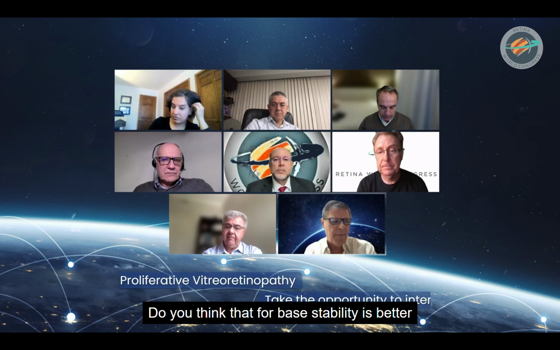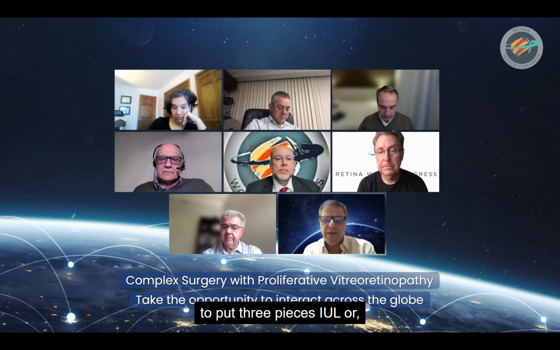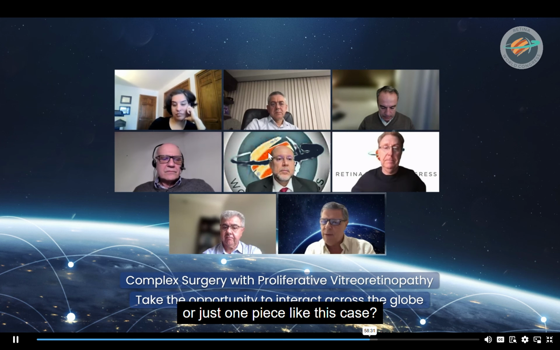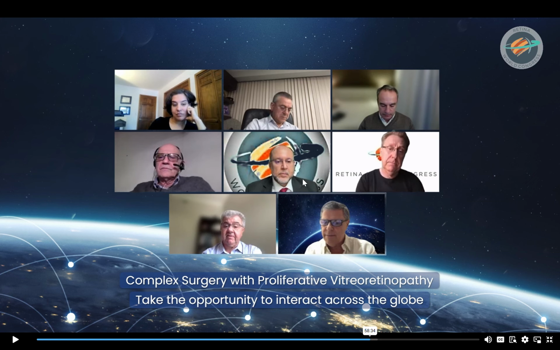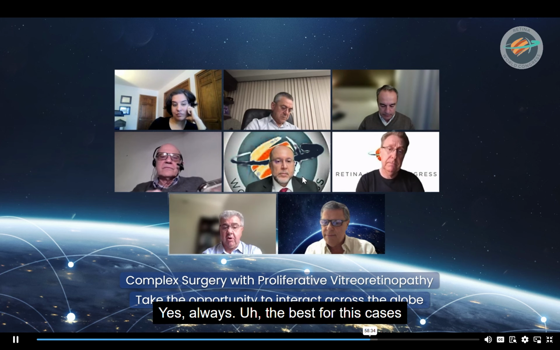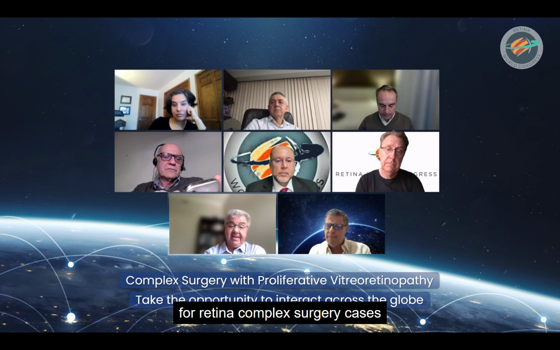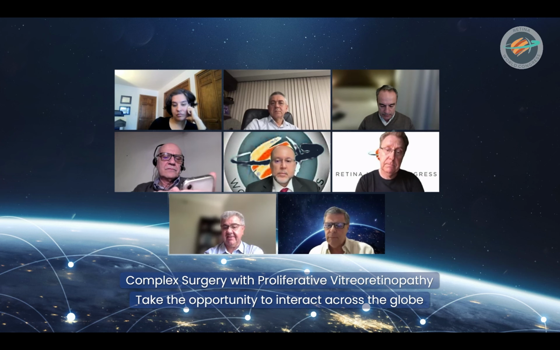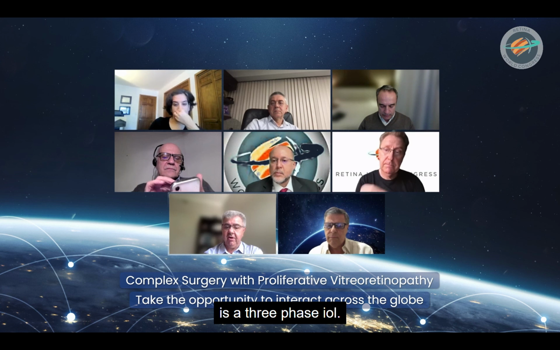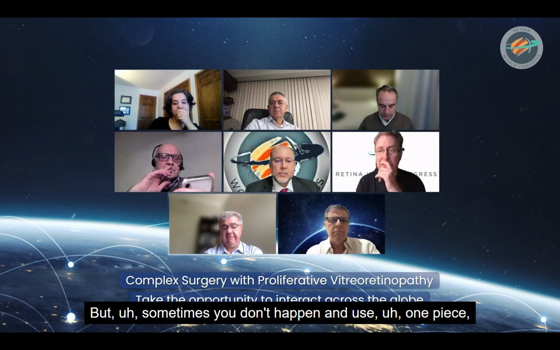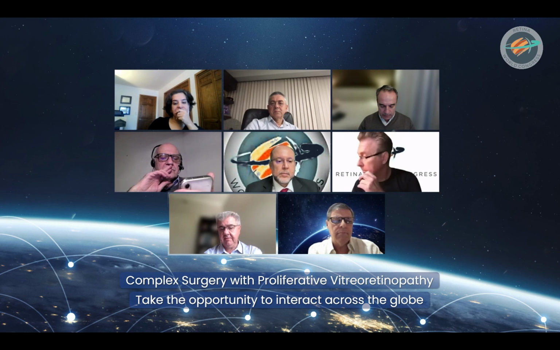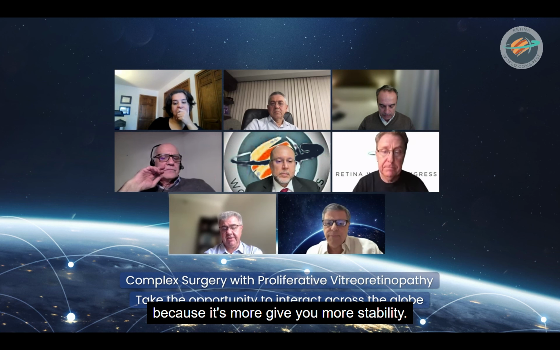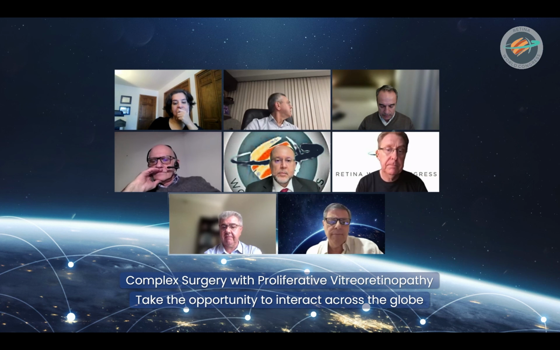Do you think that for best stability it's better to put a three-piece IOL or just one piece like this one? Yes, for retinal complex surgery cases, the best is always a three-piece IOL, but sometimes you don't have them and use a one-piece. But three-piece is better because it gives you more stability. Okay.